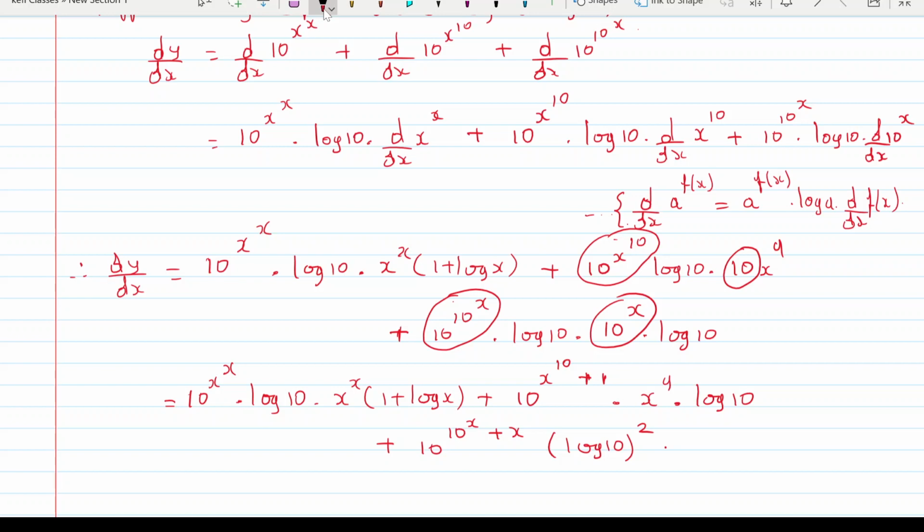10 raised to x raised to x log 10, x raised to x into 1 is log. Someone did not understand the question.